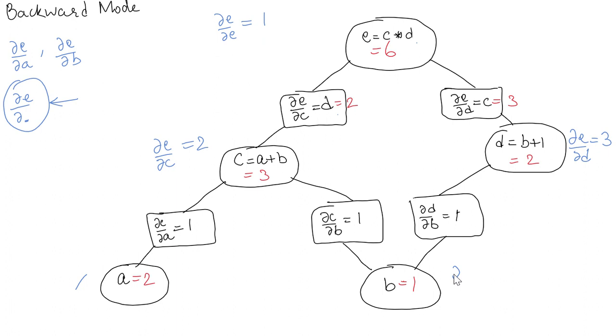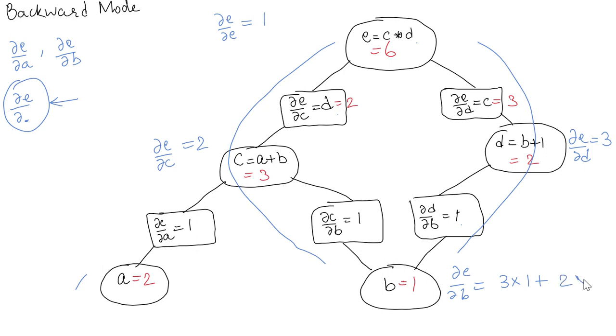At this point, we have ∂E/∂B. Now, using the path rule, we can directly calculate 3 into 1. So we have 3 into 1 plus, this was this path. Now for this path, 2 into 1, which is 5.